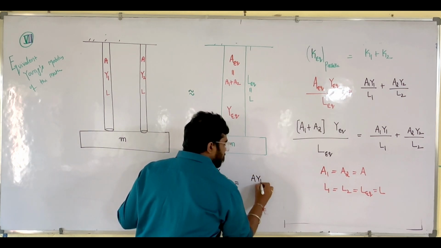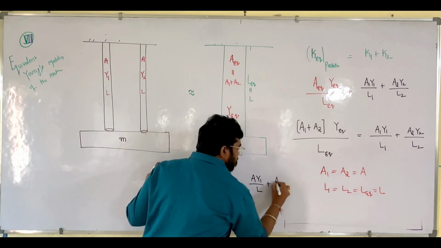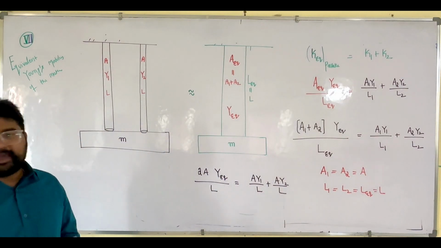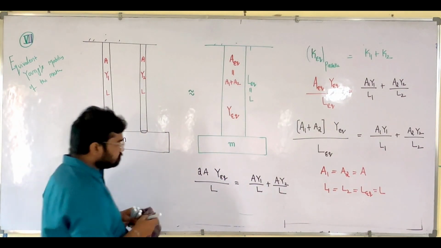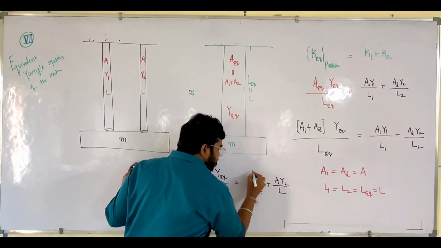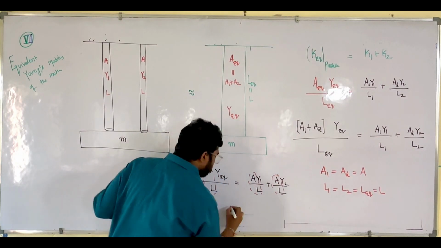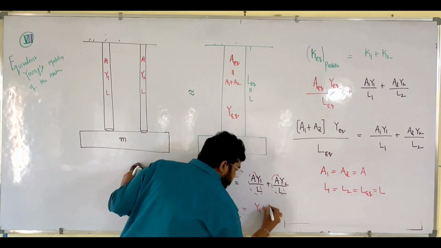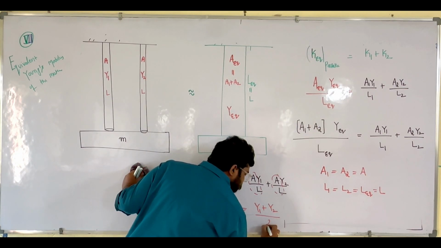A into Y1 by L plus A into Y2 by L. So A by L gets cancelled out. Y equivalent can be written as Y1 plus Y2 by 2.